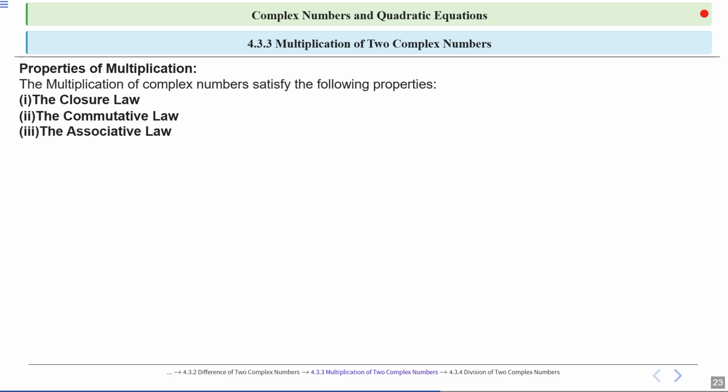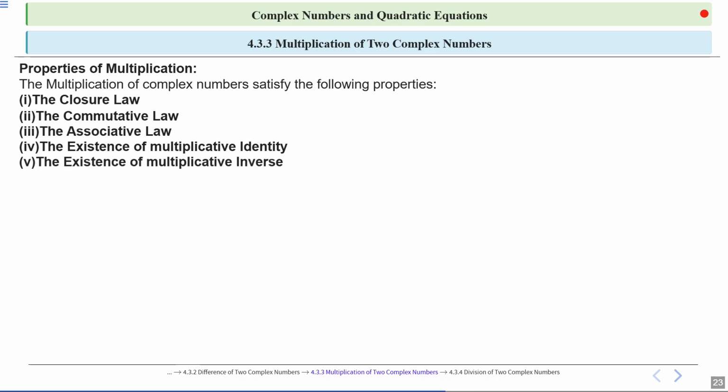The third property is the associative law. Fourth property is the existence of multiplicative identity. Then fifth property is the existence of multiplicative inverse. Then sixth property is the distributive law.